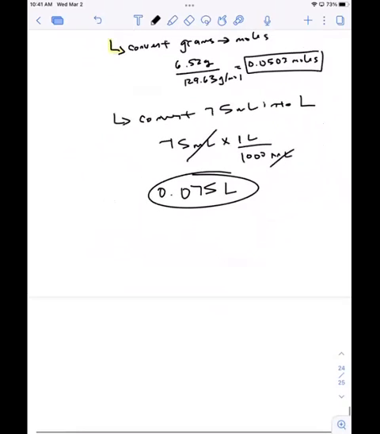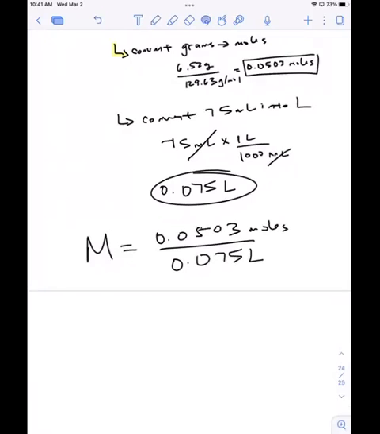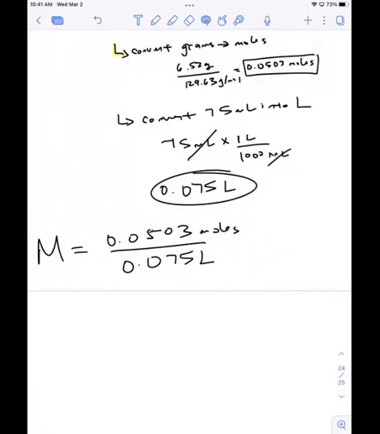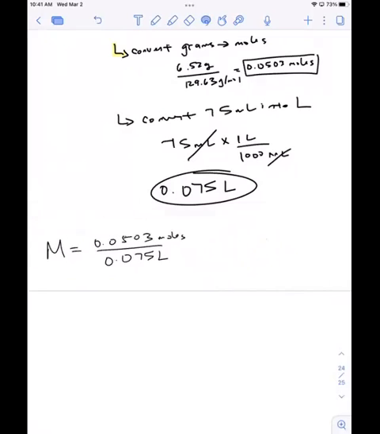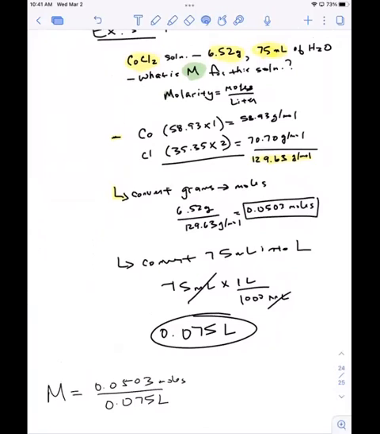The molarity is 0.0503 moles divided by 0.075 liters. Once we calculate that, we'll have the molarity for a solution that consists of 6.52 grams of cobalt 2 chloride dissolved in 75 milliliters of water.